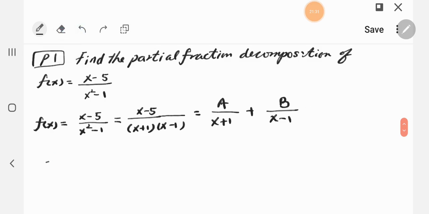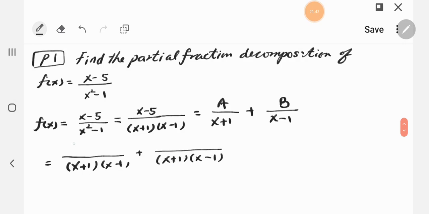Okay, then this is equal to a over x plus 1, x minus 1, plus b over x plus 1, x minus 1. And what we do is multiply a by x minus 1, multiply b by x plus 1.